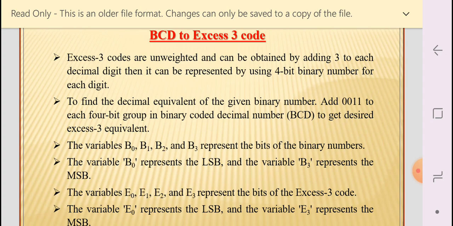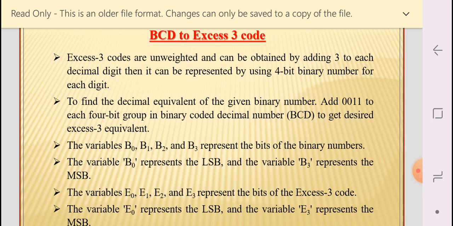Suppose the decimal number is 0. What is the binary number? That is 0 0 0 0. Now what is the XS3 code?